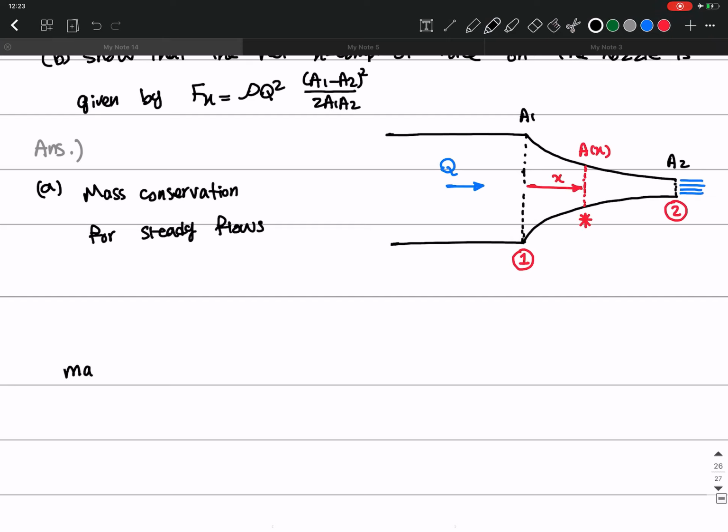Say we have this control volume from 1 and 2.